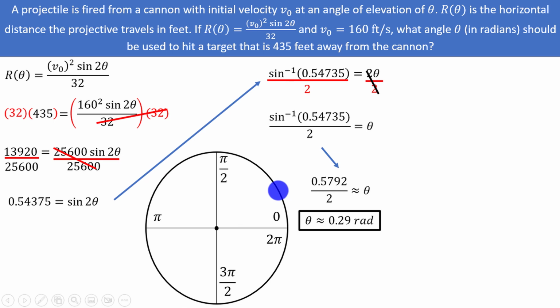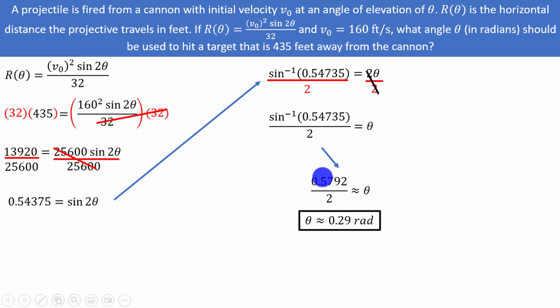So if this point at the angle of 0.5792 is a solution, we should have another solution at pi minus 0.5792. We are 0.5792 radians above the positive x-axis for our first point, so that means we must be 0.5792 radians above the negative x-axis for our other solution. The way we find this is by taking pi and subtracting 0.5792.